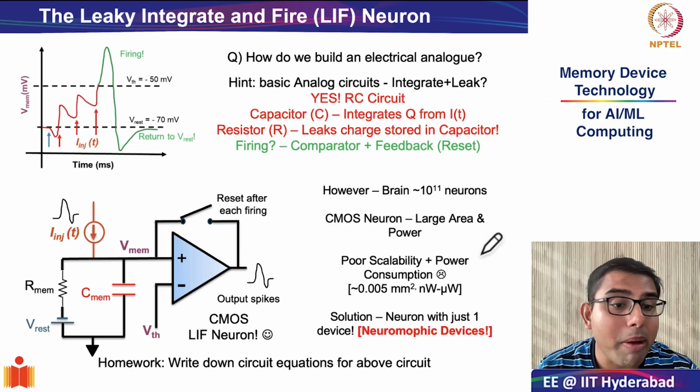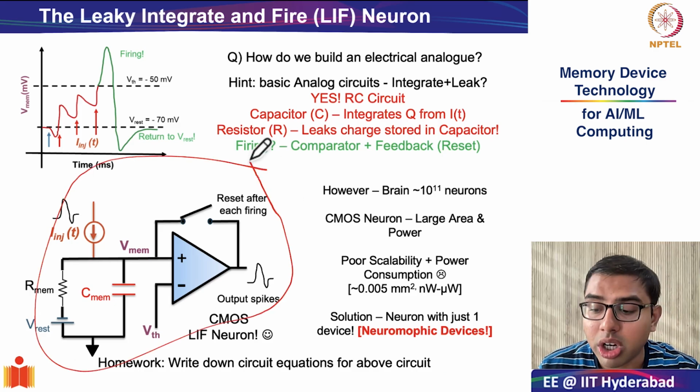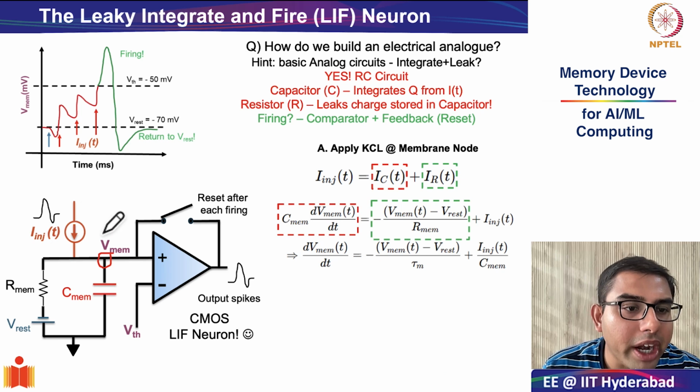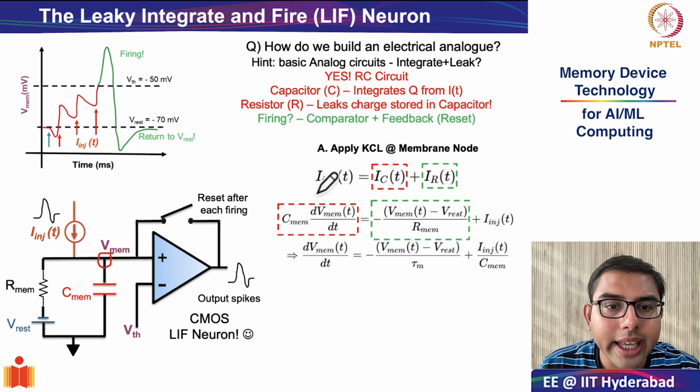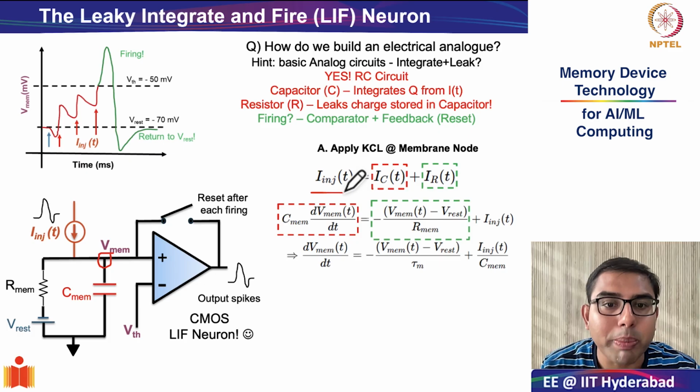But before that, remember our homework problem. It was to write down the circuit equations for this leaky integrate-and-fire neuron, so let us look at that first. In the membrane node, the input current is I injected, which is a function of time because it's a spike.